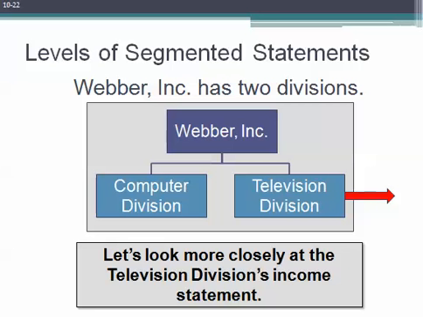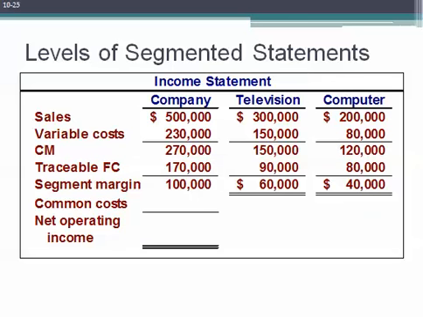It has two electronics divisions, a computer division and a television division. Here's our segmented income statements for Weber. The overall company has sales of $500,000, and that's broken down between our television and computer divisions. And then for each of our television and computer divisions, we can subtract our variable costs to get our contribution margins for each of our divisions.